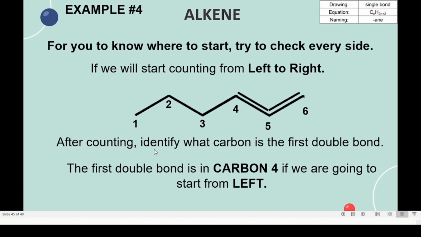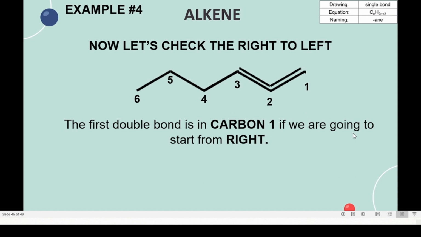After counting, identify which carbon has the first double bond. So the first double bond is at carbon 4. If we start from the left, number 4 is the first double bond.